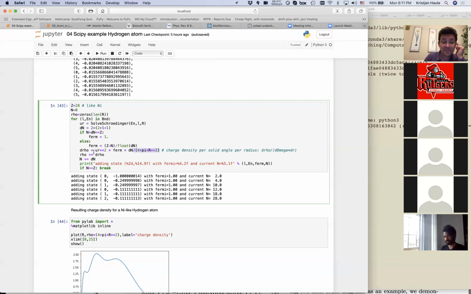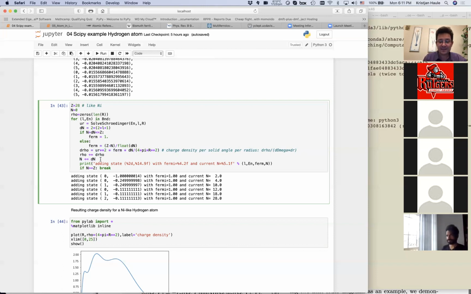Once more, this d rho is actually the contribution from this orbital to the charge density in each point in space. And then we add this contribution to rho, which whatever has been already accumulated, we add this dn, or this degeneracy, to n. This has already been accumulated.